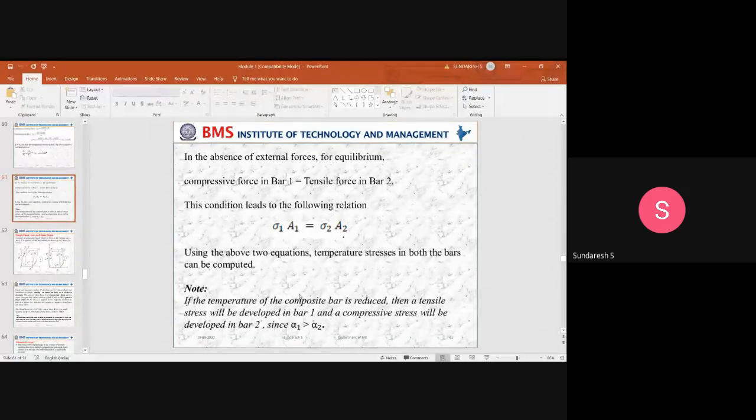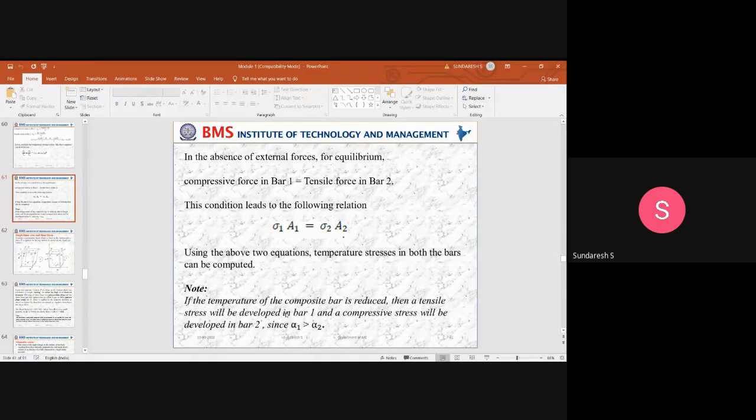This is a very important conclusion you have to remember. What I have just discussed is for when the temperature is raised. Raised means you are increasing the temperature. When you increase the temperature, because alpha 1 is greater than alpha 2, material 1 is subjected to a compressive stress, whereas material 2 is subjected to a tensile stress. Conversely, if the temperature is reduced, you should be very careful while analyzing.